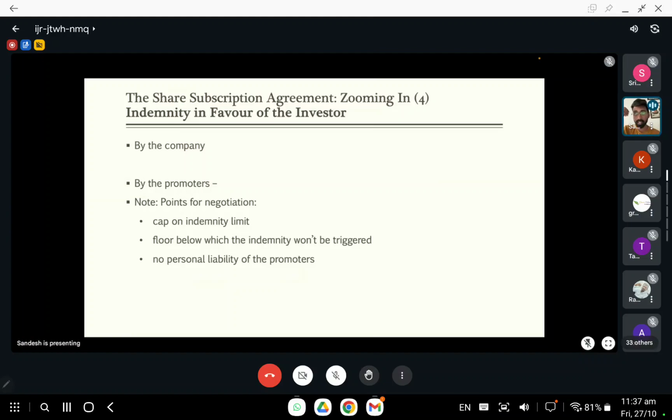If the company has incurred a 100 crore loss but you have invested only 30 lakhs, then my maximum liability towards you is only 30 lakhs and nothing more than that. So these three things you have to negotiate, or watch out for, whenever you receive a document with an indemnity clause against losses. If this is clear, I will move on, because this can be a tricky concept.